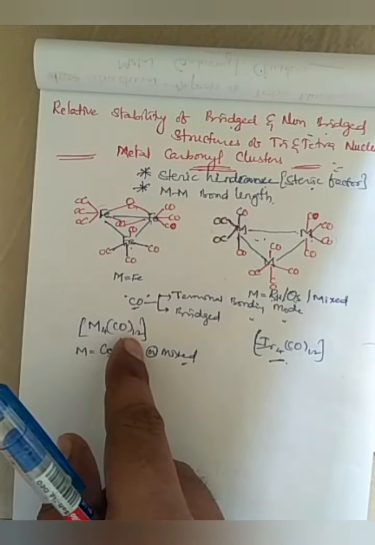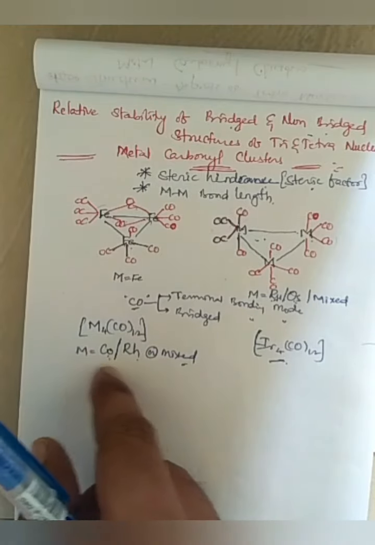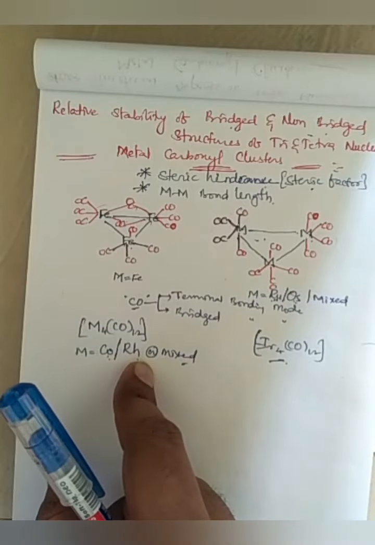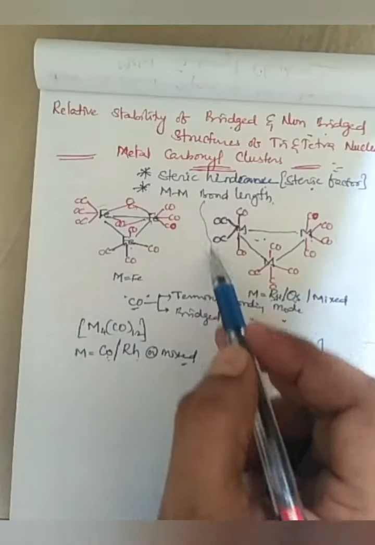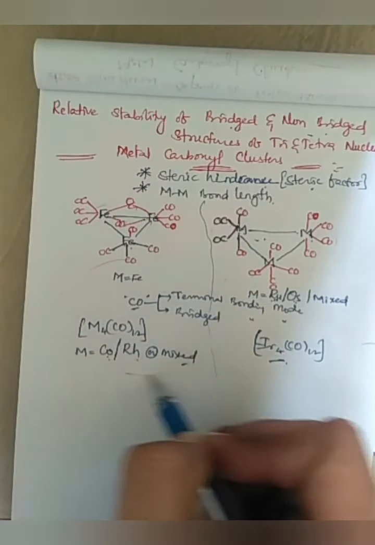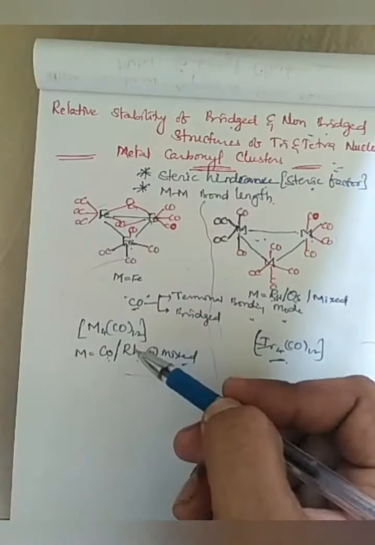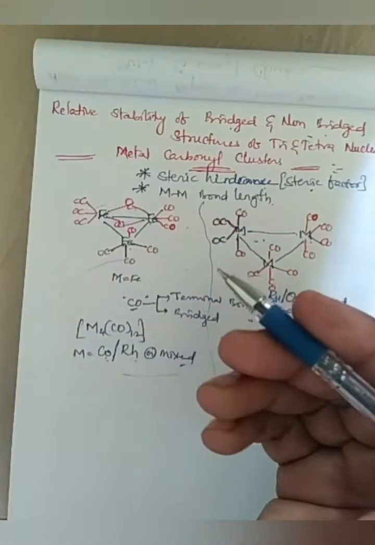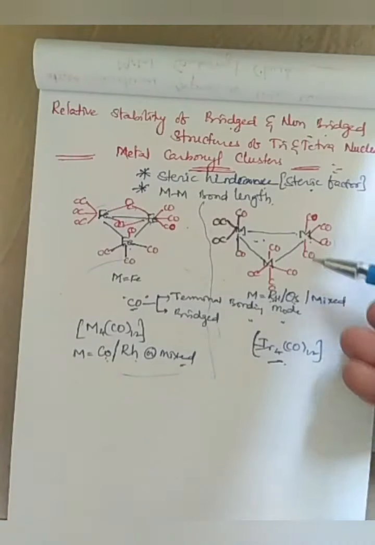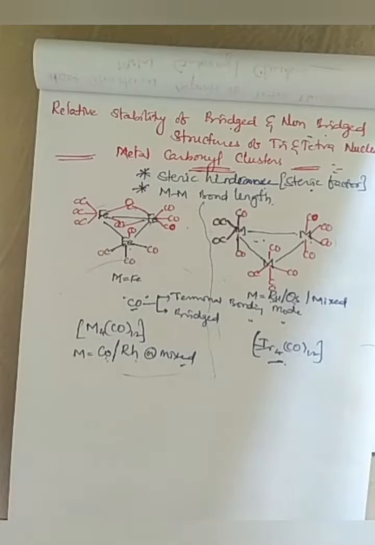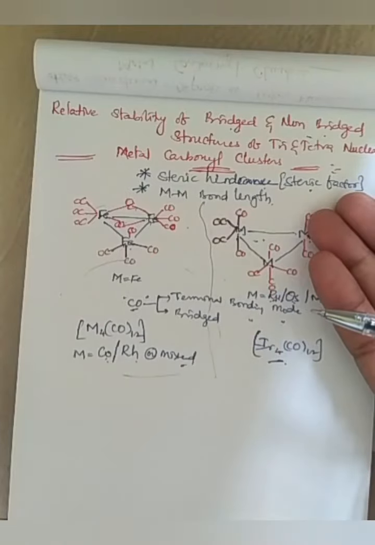tetrametallic dodecacarbonyl cluster will make bridging, and thus the bridging structure is stable for cobalt or rhodium or mixed metals. In both, the smaller size metal atoms, when forming tetranuclear or trinuclear clusters, exhibit bridged ligand structures, whereas with the larger size metal atoms forming trinuclear or tetranuclear clusters, there will exist steric hindrance.